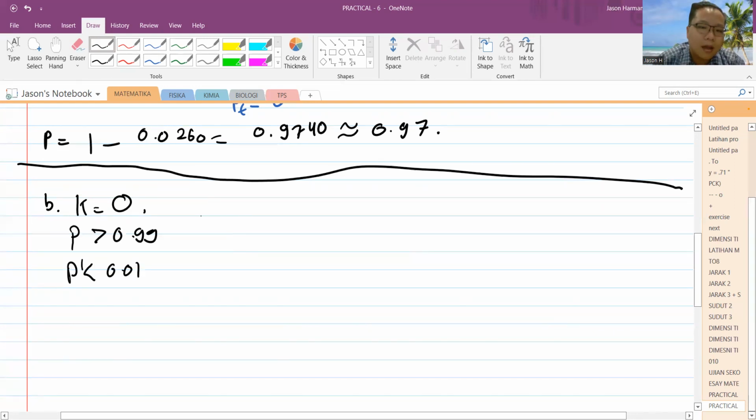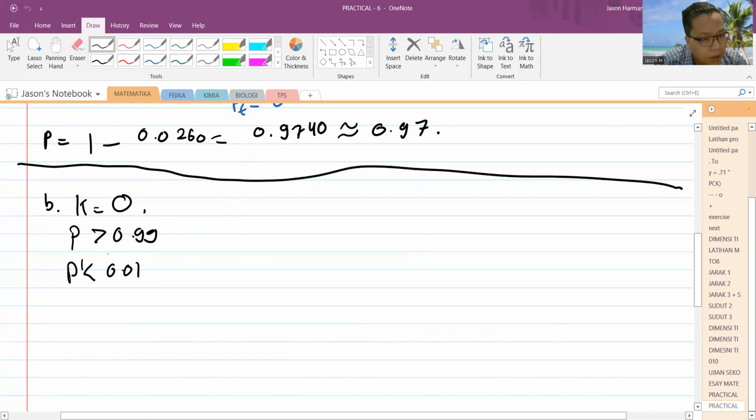As I mentioned, the law of probability is P plus P' must be equal to 1. And if both are greater than, it has a chance of making it more than 1, which violates the law of probability and cannot be used. Or you can use your logic too, right? If this must be greater than 0.99, then the complementary must be less than 0.01.